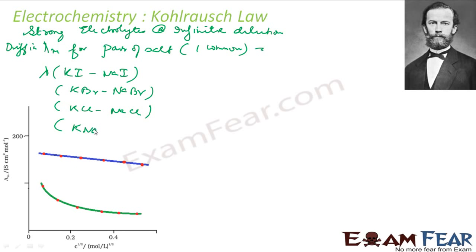He took the KNO3 and NaNO3 pair, he found a difference. So he found that for the KI-NaI pair, and for all these actually, the value came out to be approximately 23.4 Siemens centimeter square per mole.